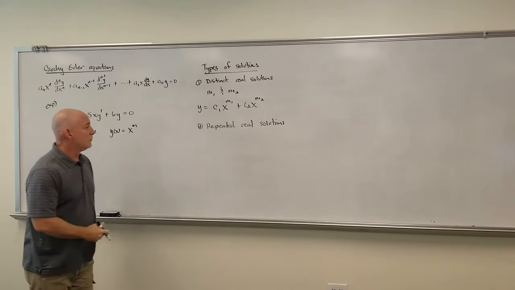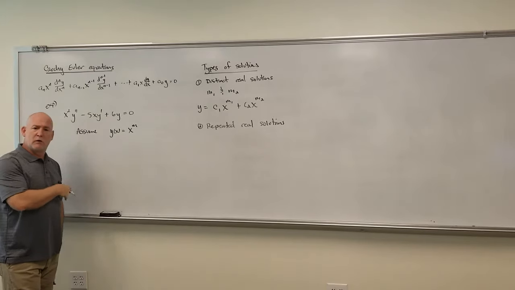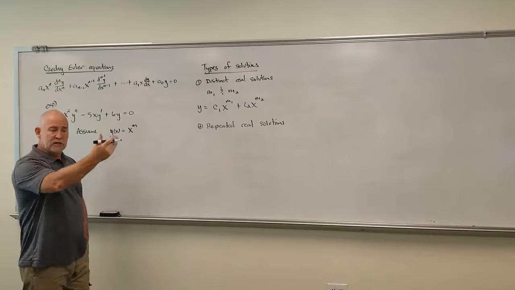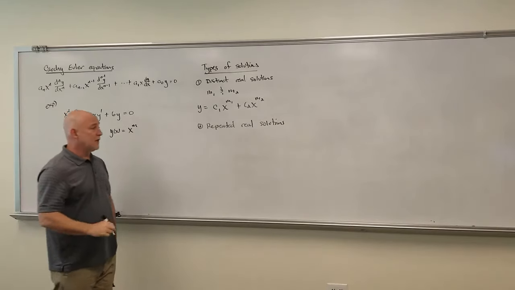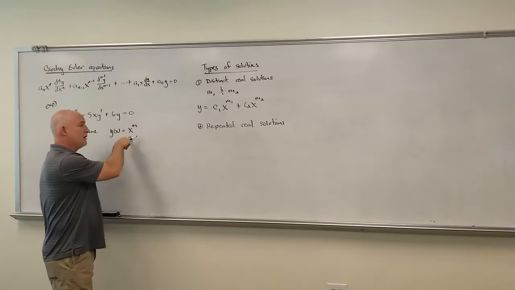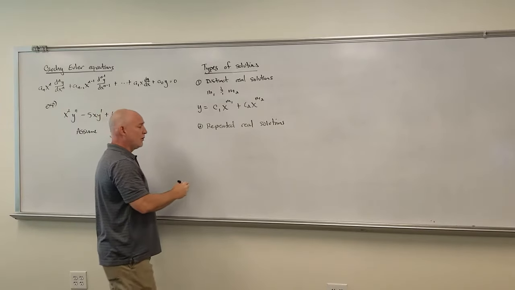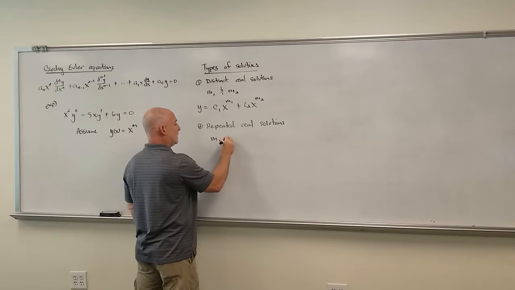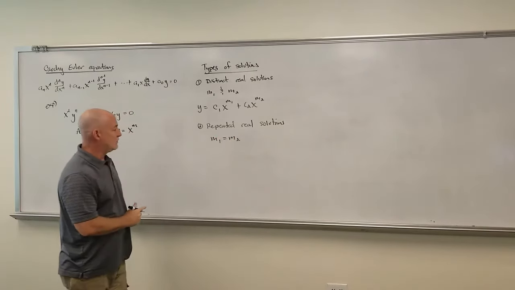Well, for repeated real solutions, when we were dealing with constant coefficients, we multiplied by an x, right, for each time it was repeated. Well, it's going to be slightly different here because we already have a power of x. You can plug it into our formula from before, but let's say we have m1 equals m2, right? We have the same solution.